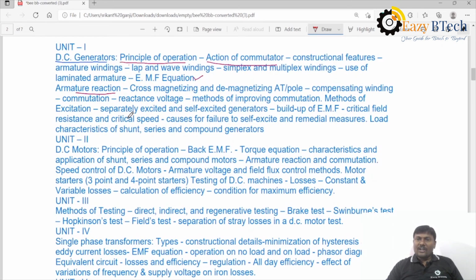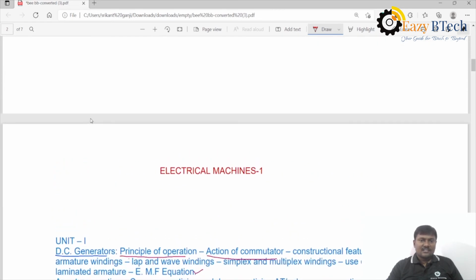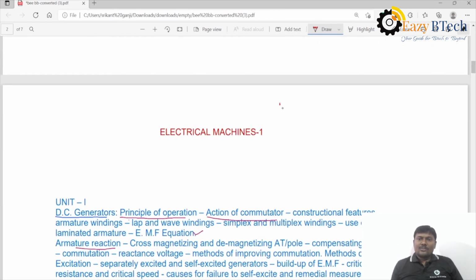As per JNTU Hyderabad, Unit 1 is DC generators. Unit 2 is DC motors. Unit 3 is testing of DC motors.